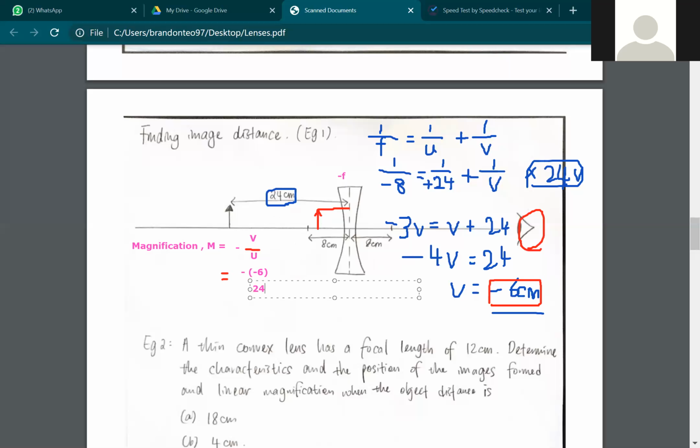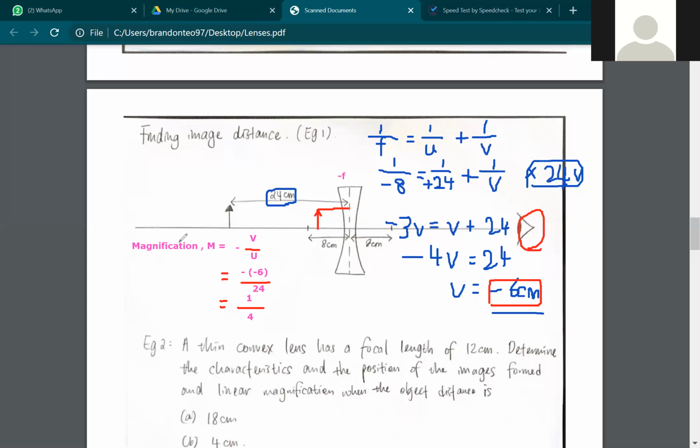The u is a positive 24. So the negative cancels the negative, so positive 1 over 4. So the magnification is 1 over 4.